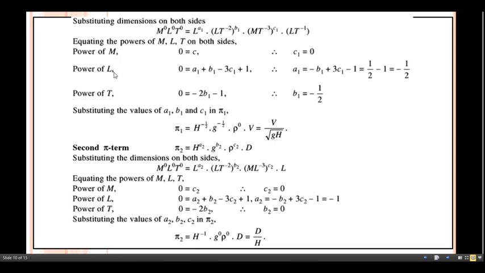So what about the power of l? You should equate the power of l on the left side as well as on the right side. So 0 equals a1 plus b1 plus 1.